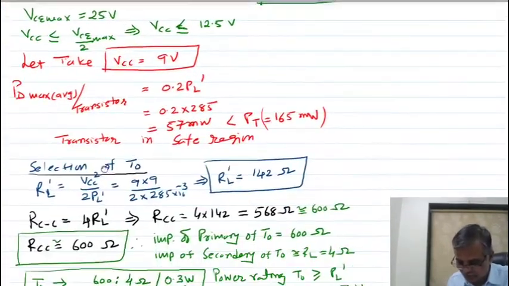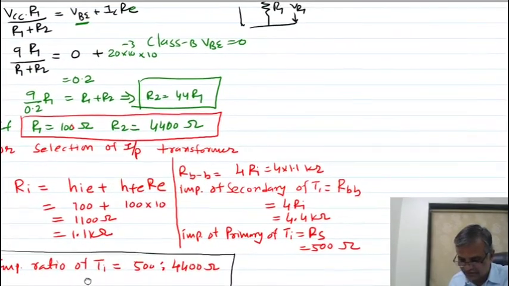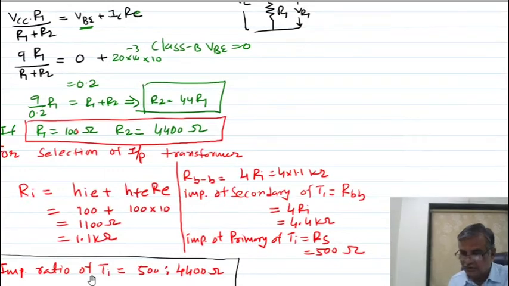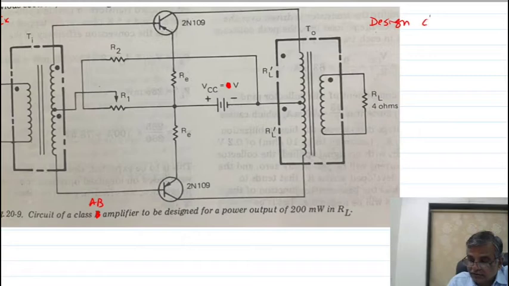Okay, so let us discuss another numerical. It is for class AB. See the same circuit, and they are asking you to design a class AB push pull amplifier to deliver 200 milliwatt power at 4 ohm load.